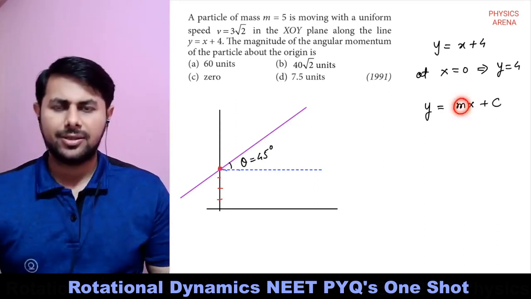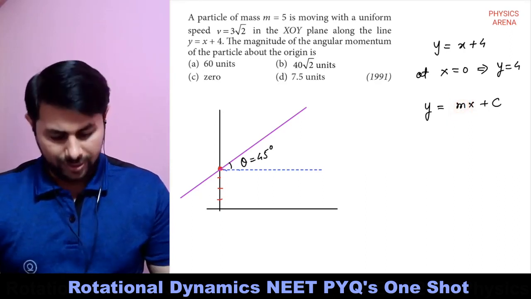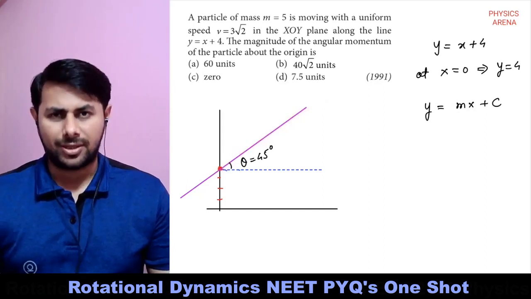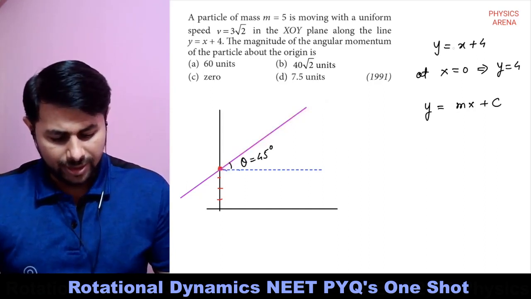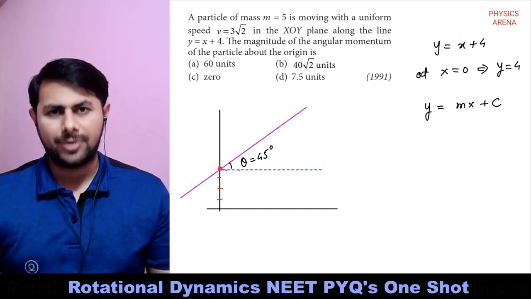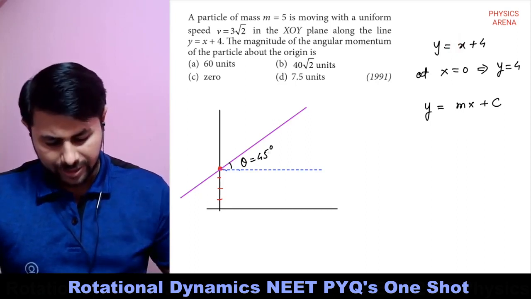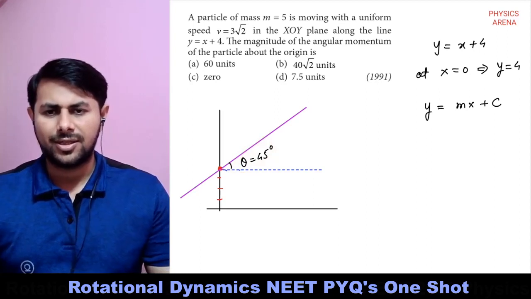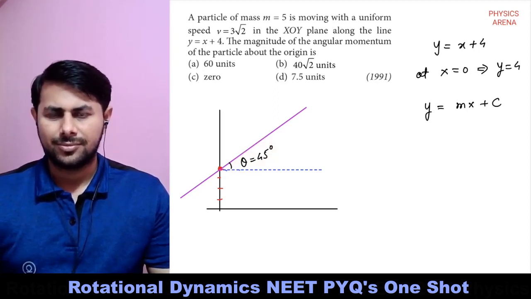Okay, m is the slope of the line. And how can you find slope of line? By using tan of theta, right? So m is equal to 1 here, tan of theta will be equal to 1. That means theta is 45 degrees. Is it clear? Okay, everybody.